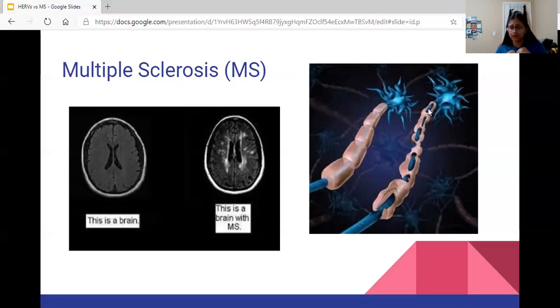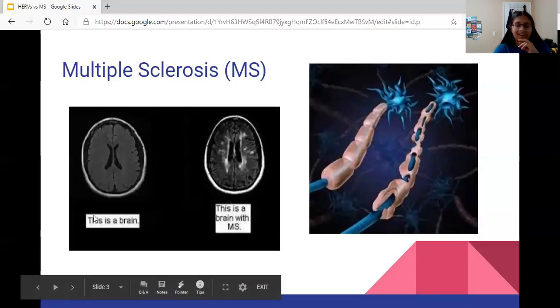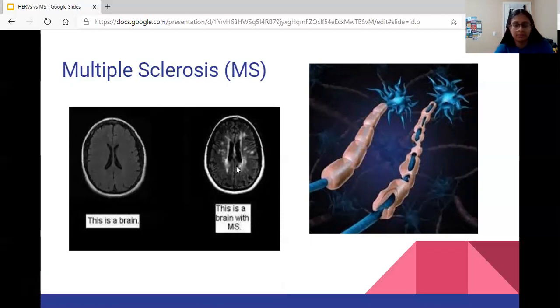Another thing that occurs with multiple sclerosis, or MS, is that the brain and the spinal cord start experiencing lesions or scarring. And we see that in the picture on the left. Didn't mean to change my slide. In the picture on the left, firstly we see a normal brain, but then in the brain scan next to it, we see an MS affected brain.